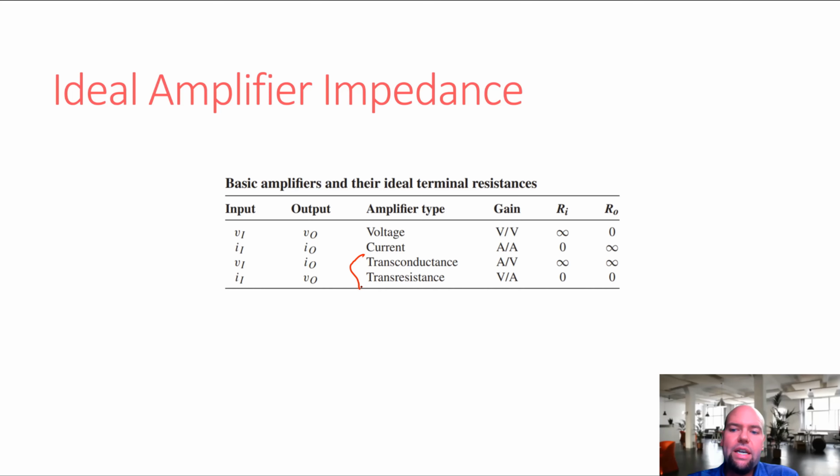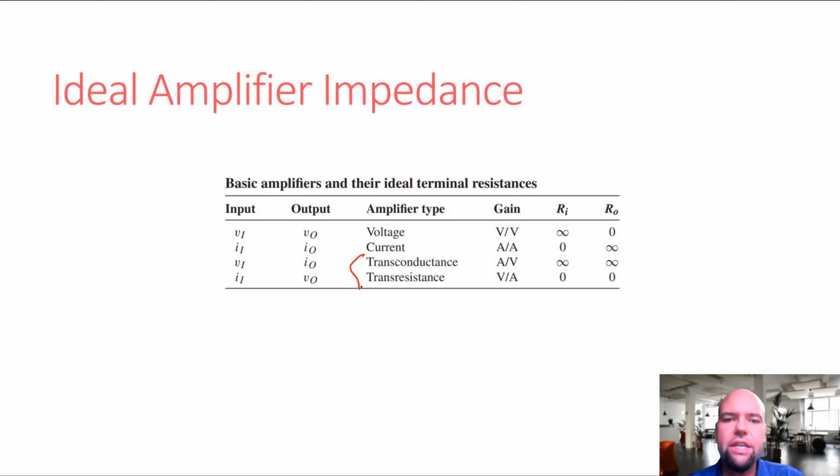The reason is that even though the op amp itself is very likely to be a voltage amplifier, by changing the configuration of the op amp, we can make it behave as a current amplifier or a transconductance amplifier or a transresistance amplifier. Op amps are extremely versatile in that way. They can be converted into almost any amplifier topology. And so these amplifier topology features remain very important.